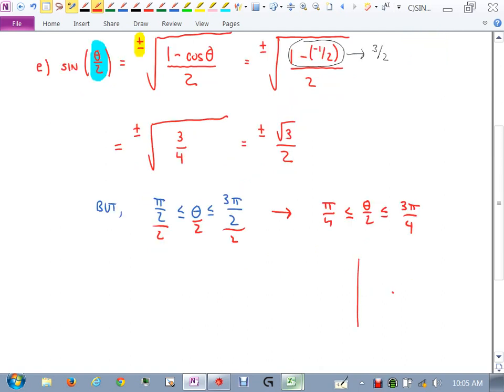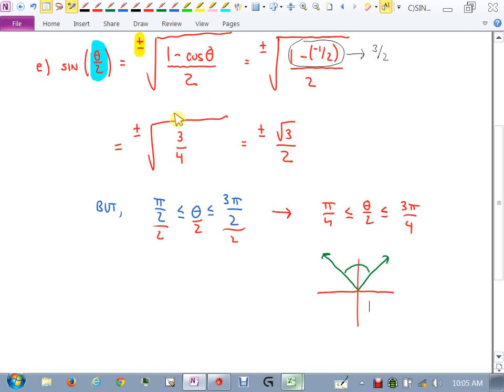So what quadrant is that in? Where's pi over 4? Pi over 4 to 3 pi over 4. Isn't that somewhere in this range? I've got to be somewhere in here.